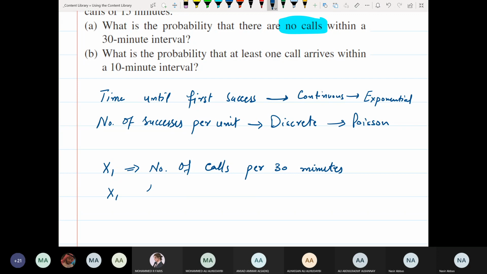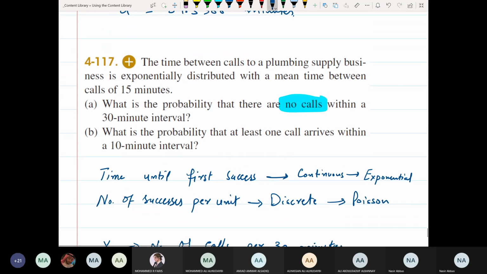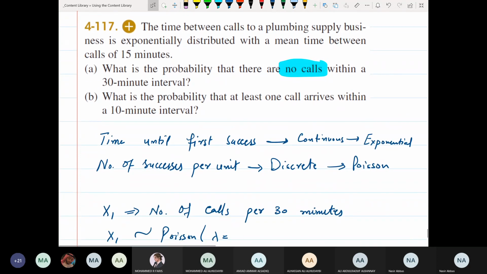And here x1 follows a Poisson distribution with lambda equals, what is the average number of calls per 30 minutes? Who can tell me the lambda of this Poisson? The average number of calls per 30 minutes.